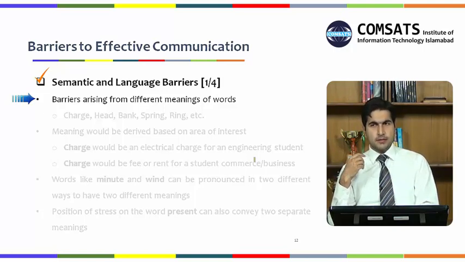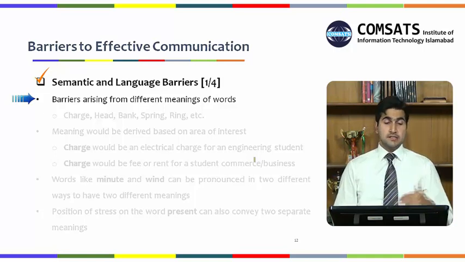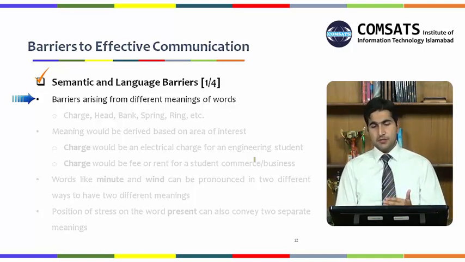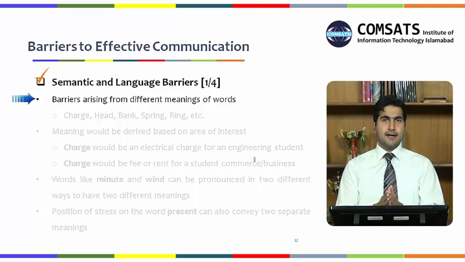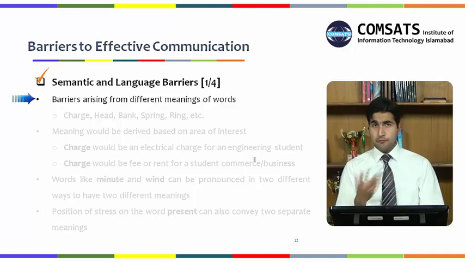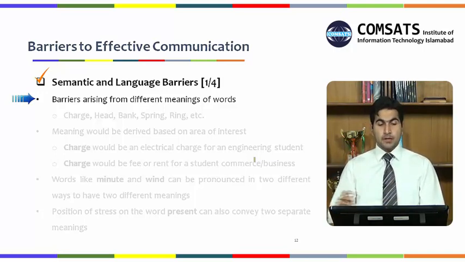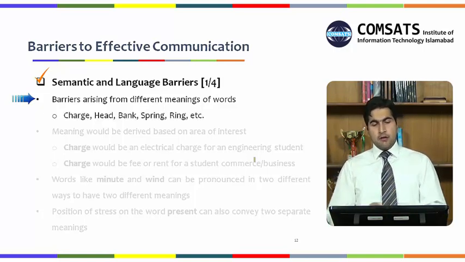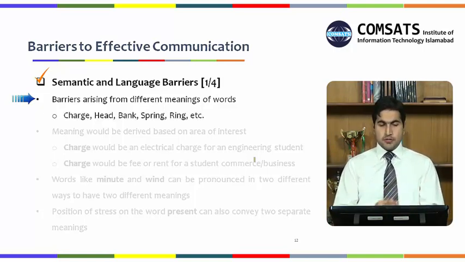These are the concepts used to categorize these phenomena existing within languages, where one word with the same spelling has different meanings, and sometimes two words with different spellings have a single pronunciation, as you will see. So a few words in front of you: charge, head, bank, spring, and ring.